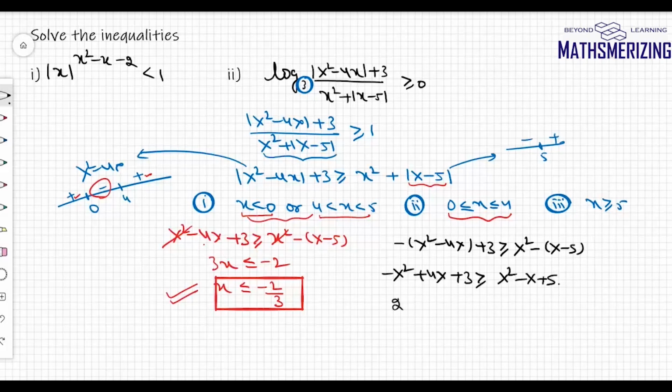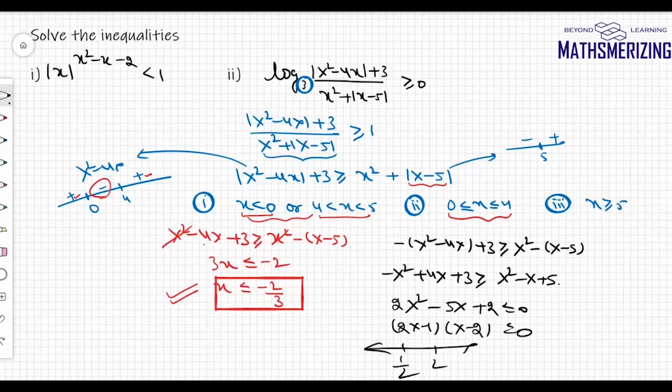So if I'll take it on the right hand side, I'll get 2x square minus 5x, and then plus 2, it should be less than 0. So I'll get 2x minus 1, x minus 2 should be less than or equal to 0. So this is 1/2, and then 2, plus, minus and plus. I need minus less than or equal to 0. So which again lies in the given interval.